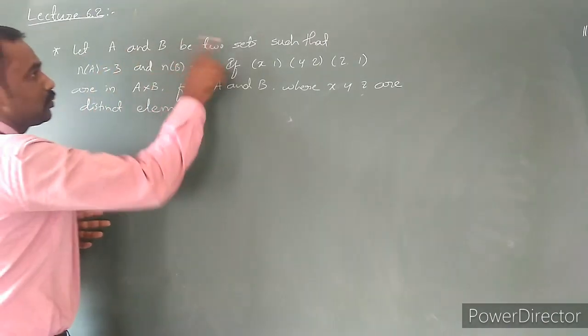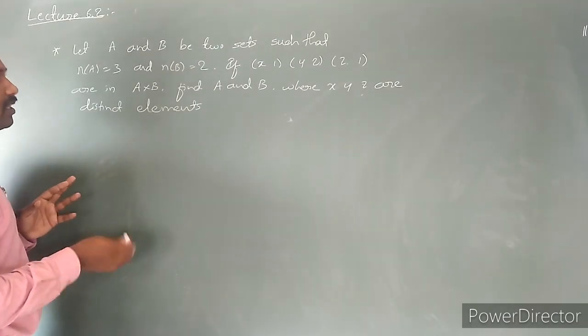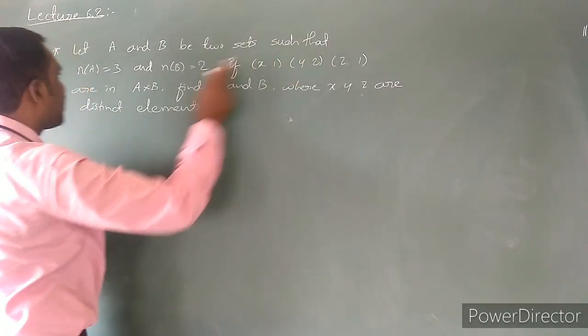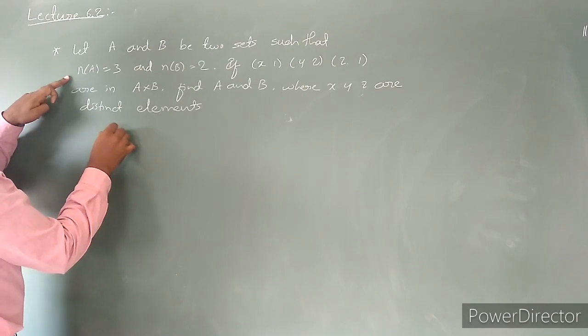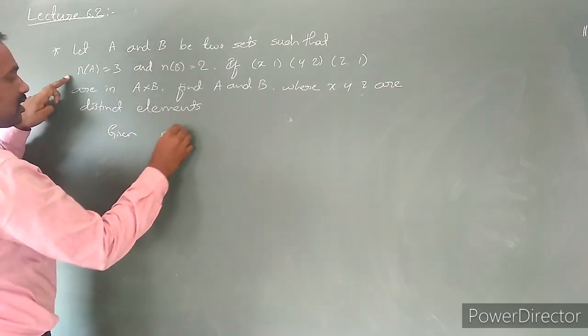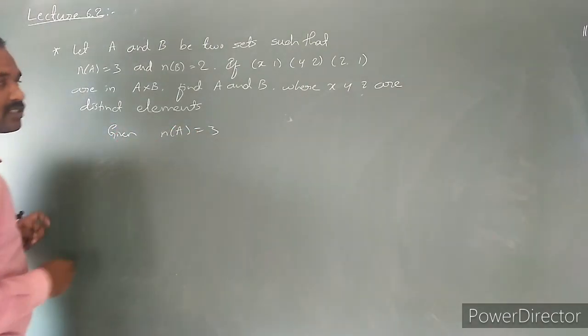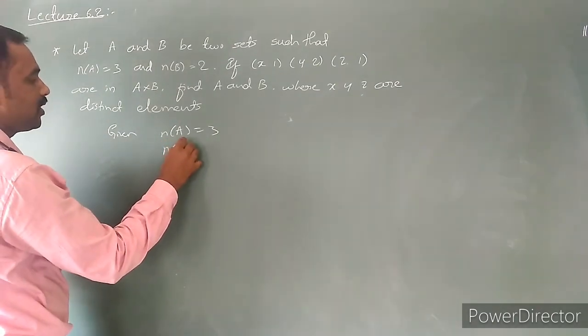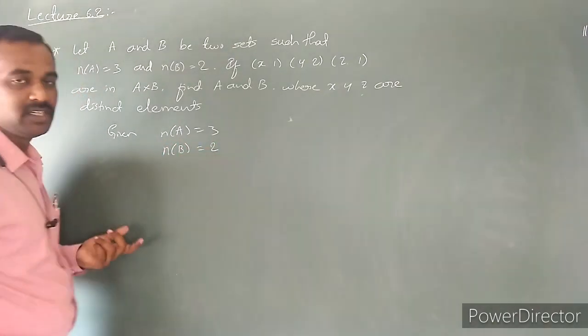Let A and B be two sets such that n(A) is 3, given that the number of elements in set A is 3. Set A consists of 3 elements, and n(B) is 2, so set B consists of 2 elements.